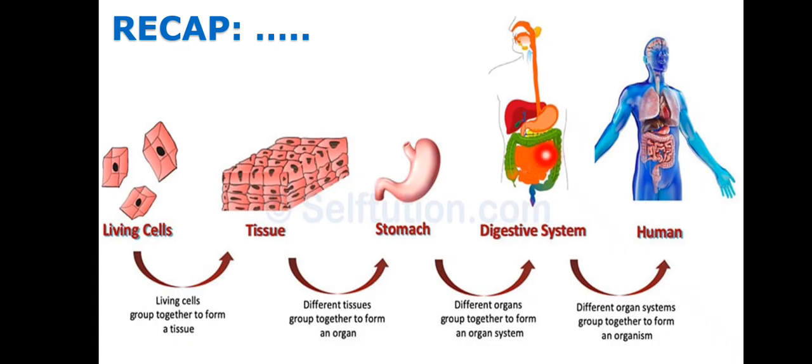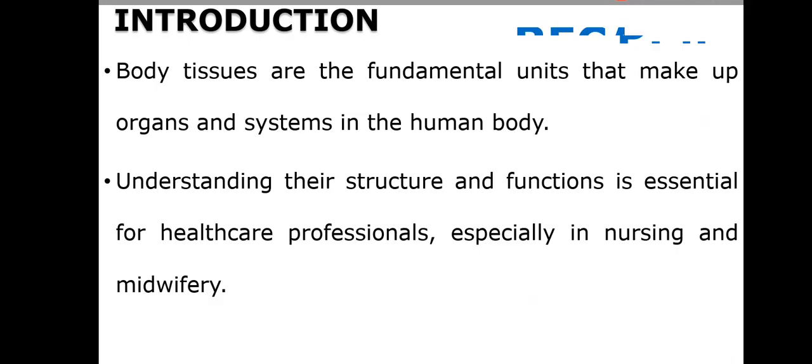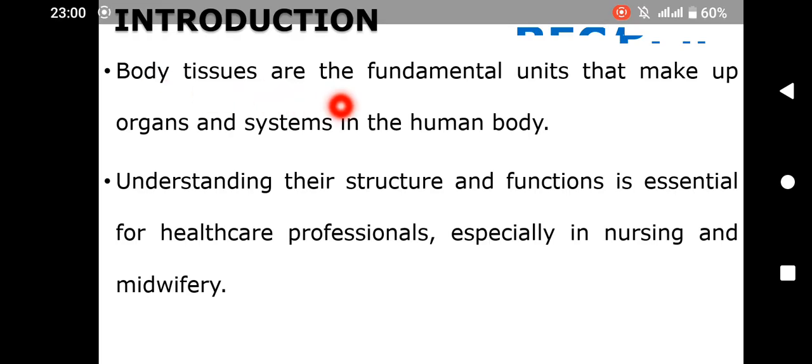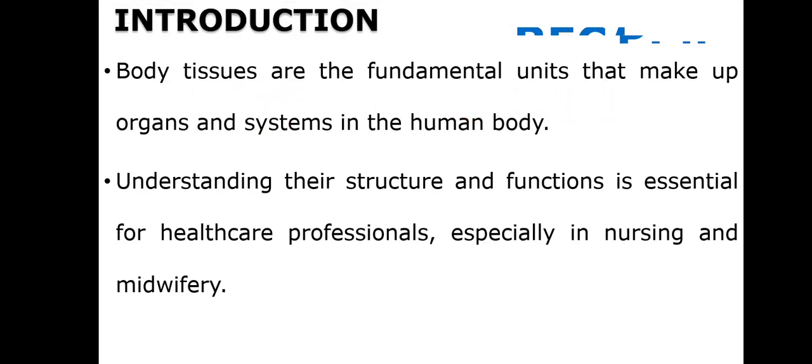And then when you combine these different systems, for example the digestive system, the cardiovascular system, the respiratory system, and other systems in a human being, you come up with the actual human or organism. But the area of interest today is body tissues. Right? Yes. So in the introduction, we're saying that body tissues are the fundamental units that make up organs and systems in the human body.